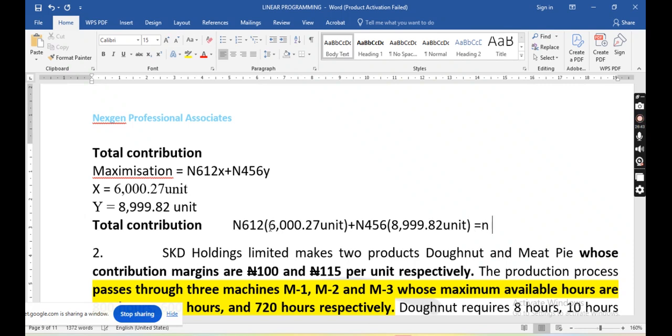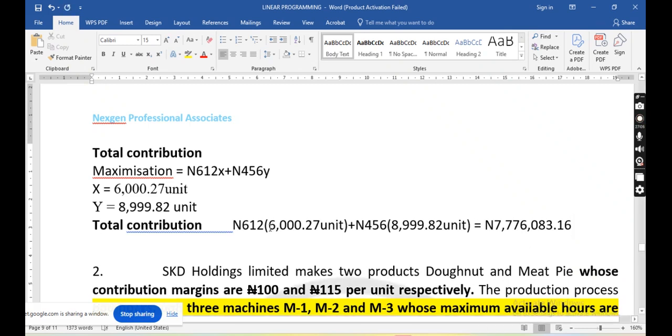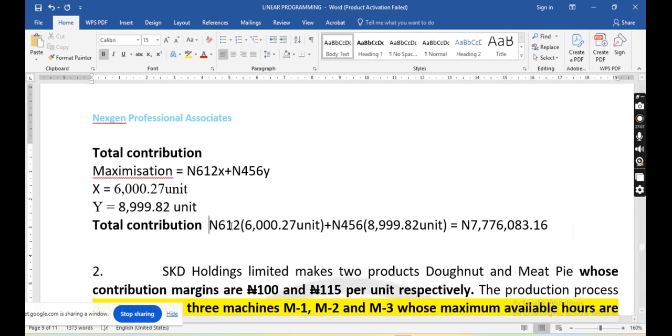So class, what is the total contribution? 7776,083.16. Okay. So if this is the contribution, right?